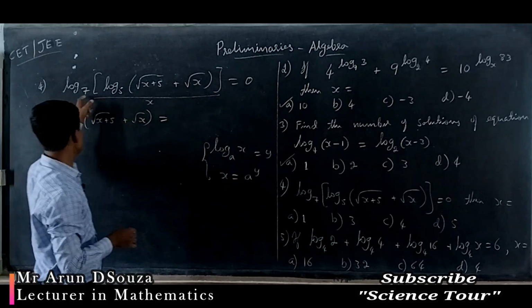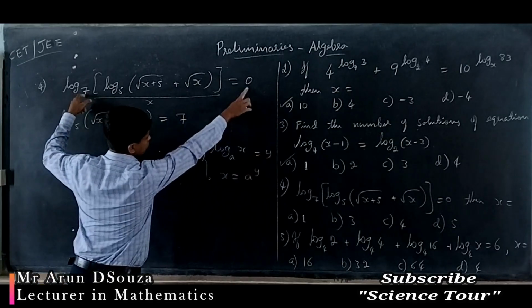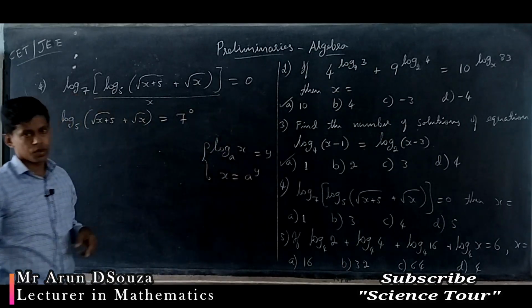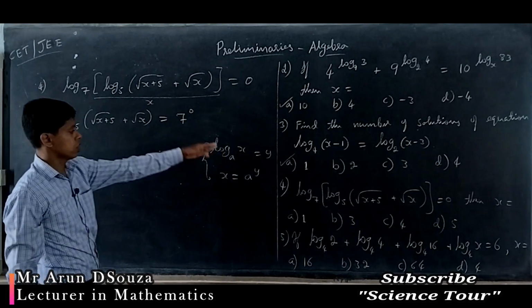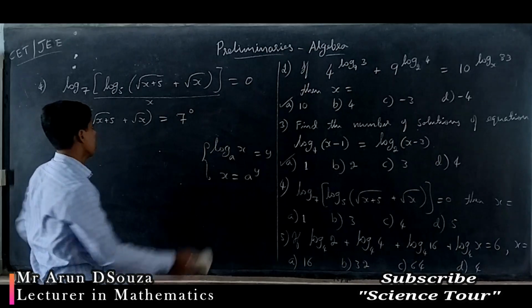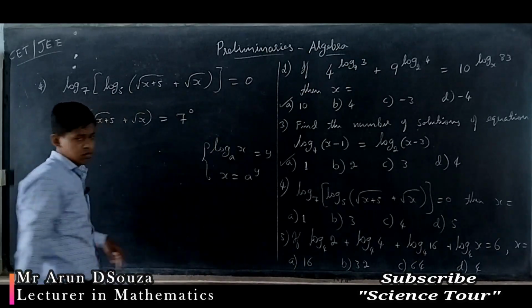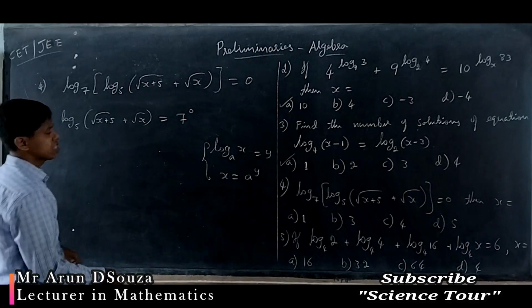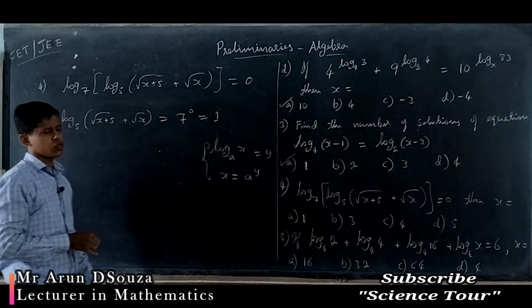Now what is a? A is 7 and to the power y, y is 0. I hope you understood that conversion between log to exponential. Well, now what is 7 to the power 0? 7 to the power 0 is 1. Anything to the power 0 is 1.